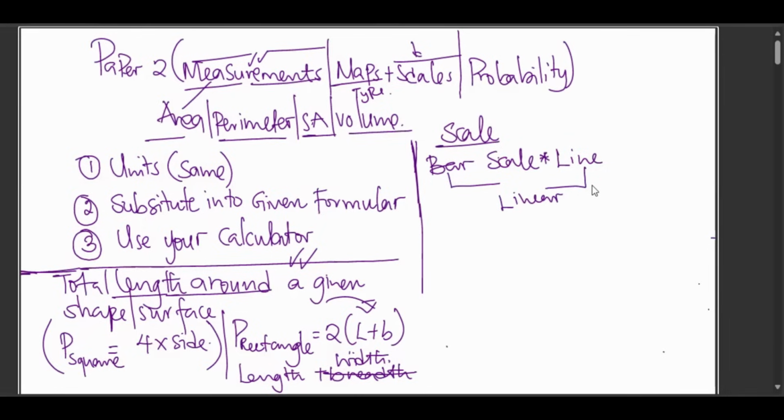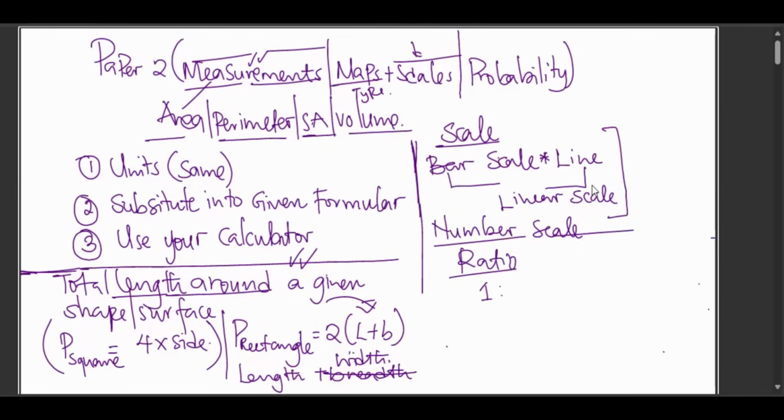Together, that's a general name for those bars. If it's not a bar scale or a line scale, we have what we call a number scale. Some people call it a ratio scale. These are in the form of diagrams, whereas a number scale or ratio scale is in the form of 1 is to a given number. Let me take 500.